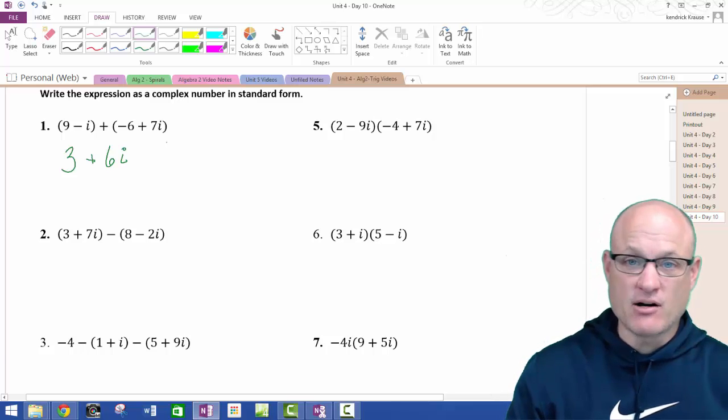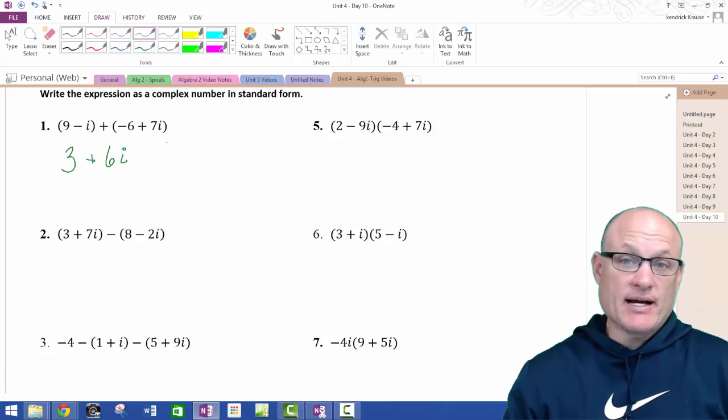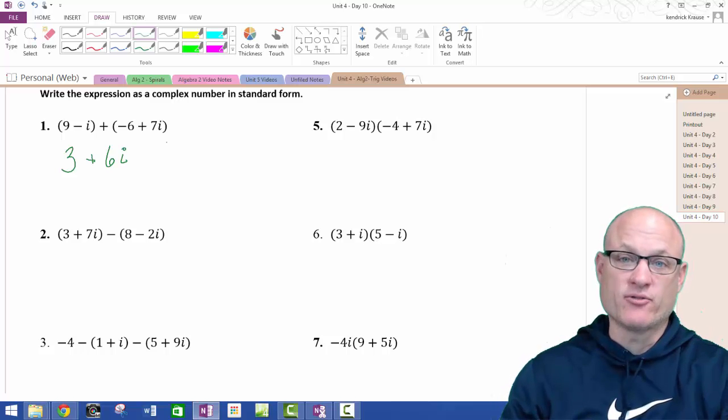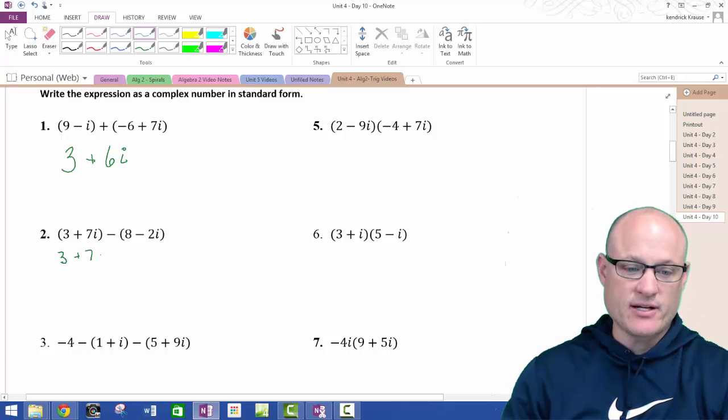That's it. Now, I don't ever want to leave an exponent on my i's. i by itself is fine, but as soon as it has an exponent, I know I can convert it to something else. And that's what we're going to do. Here we're going to get 3 plus 7i minus 8 plus 2i.